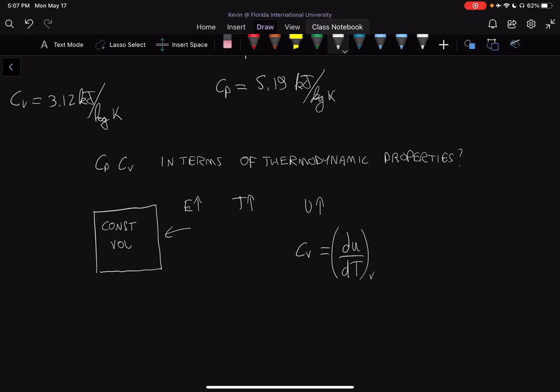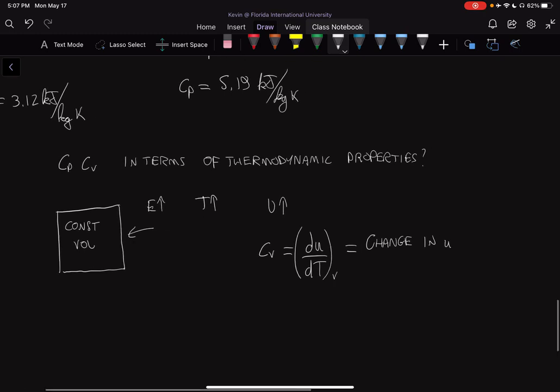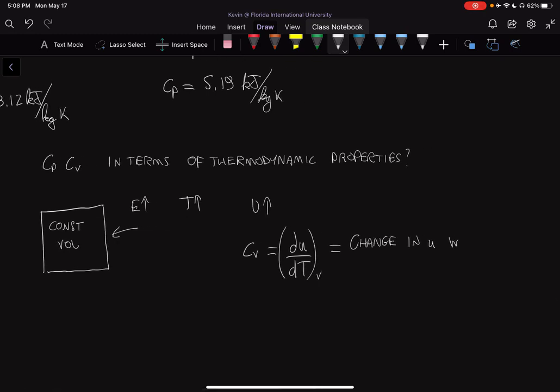Essentially, Cv is equal to the change in u, specific this time because we're looking at a per mass system, per 1 kilogram, with temperature, so it's a change in u with temperature at constant volume.